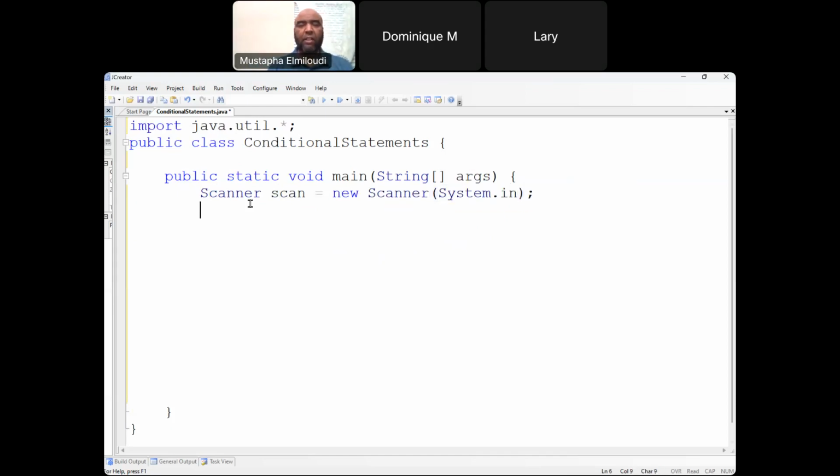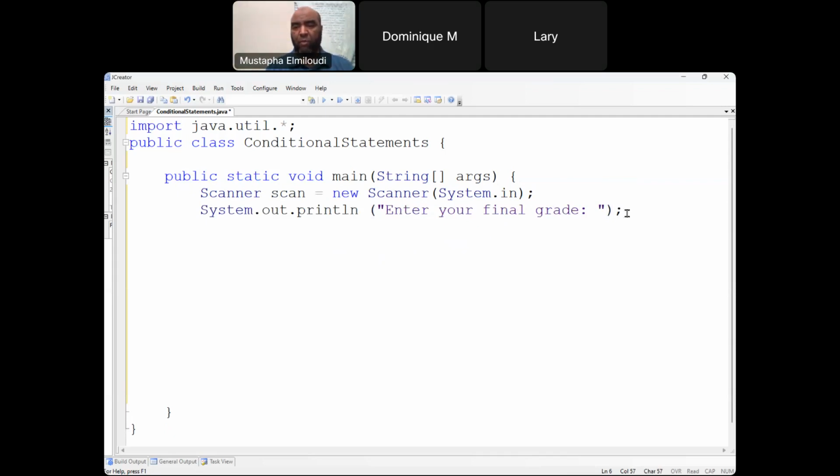And then we're going to start by asking the user to enter a grade. As an example, enter your, let's say, final grade. Of course, the user will enter a grade.